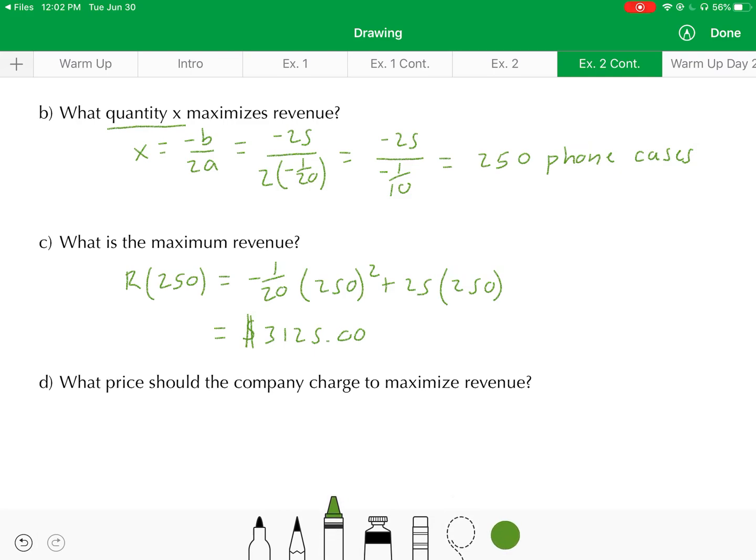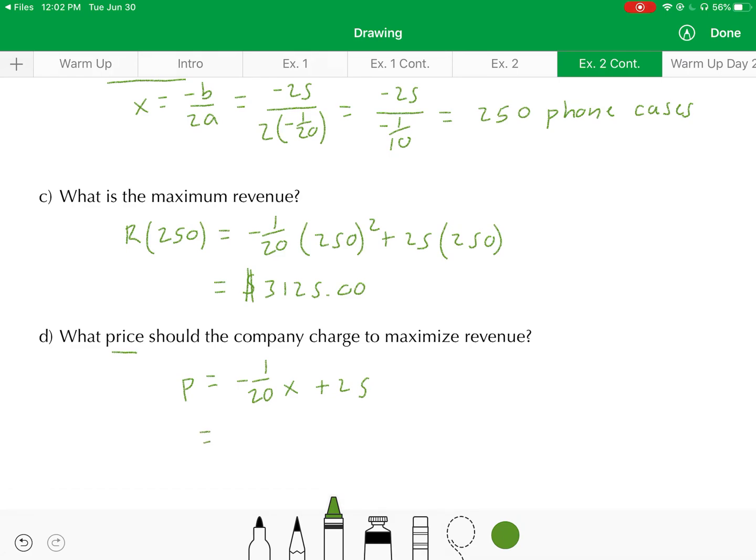Keyword here to me is price. Our price was given with this equation. It's basically just the demand equation solved for P. And all I got to do is evaluate that with 250.